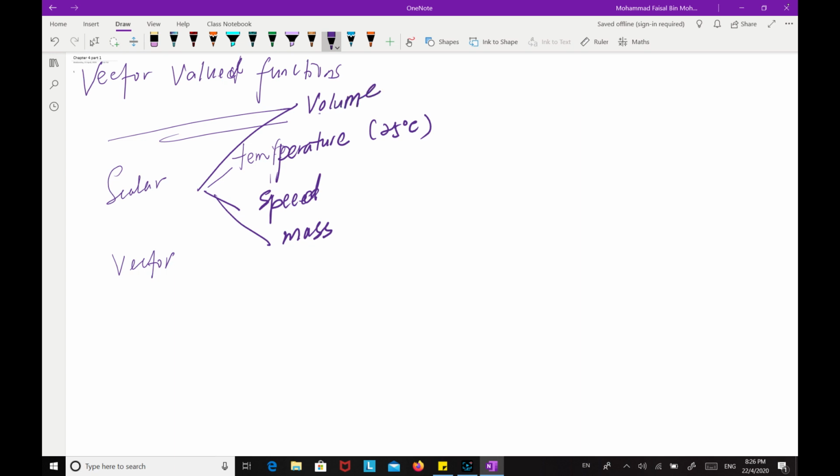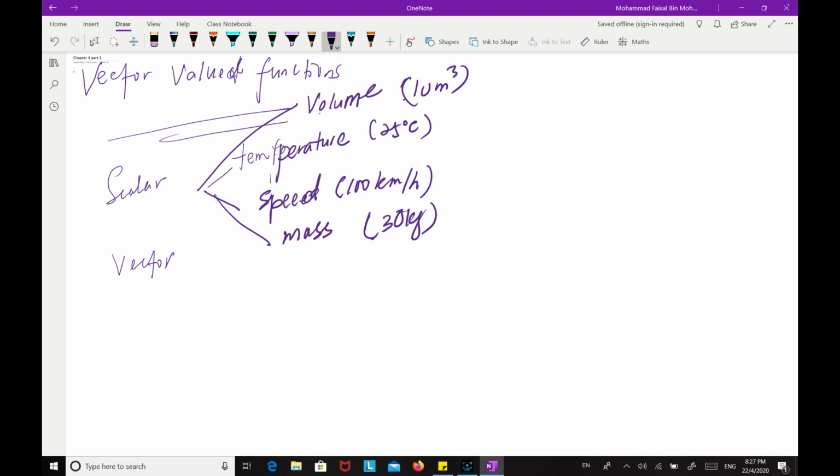So a vector quantity is a quantity with its magnitude and its direction. So speed, let's say 100 km per hour. Volume, let's say 10 meter cube. Mass in kg, 30 kg.